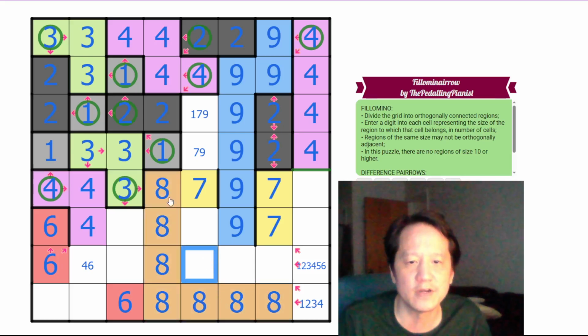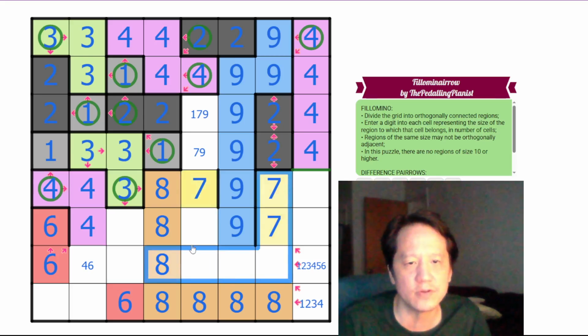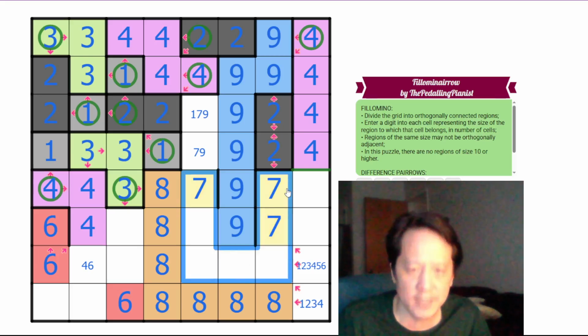We don't have 5s, so 7 and 9 have to be some combination of here. I guess 7 could... No, this is 7 here. So if this connects to this, it's 7. So this does have to connect to this.